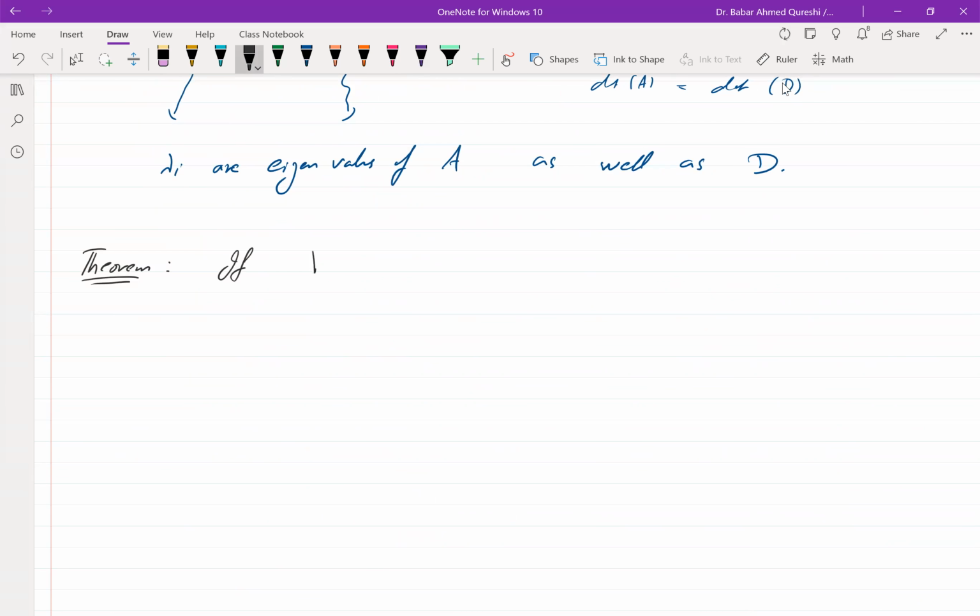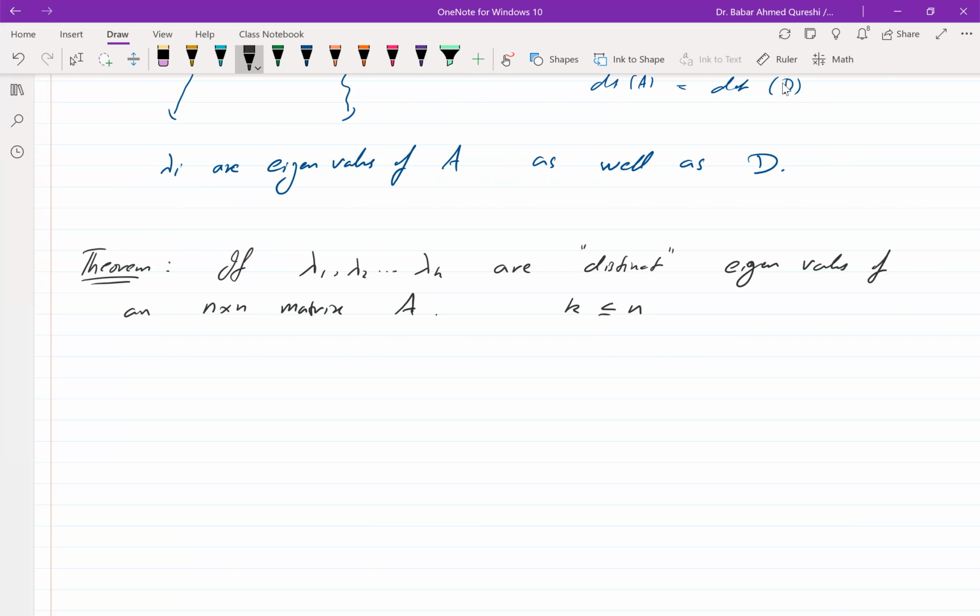If you have a bunch of distinct eigenvalues of an n by n matrix A, so that means this k is either equal to n or less than n.